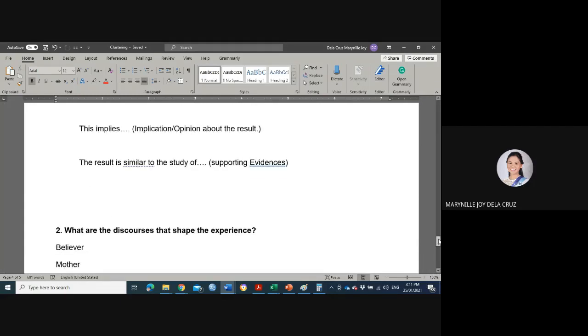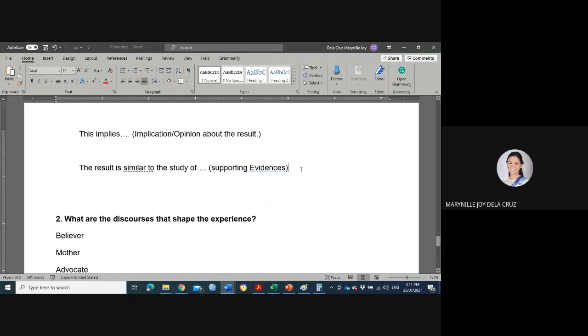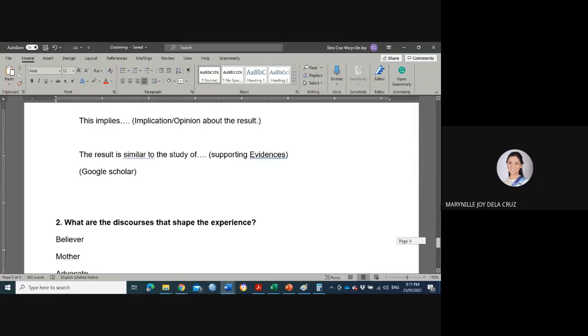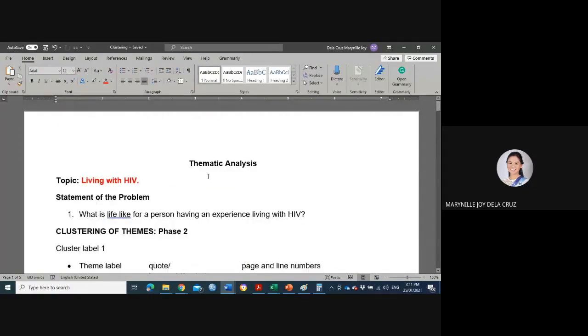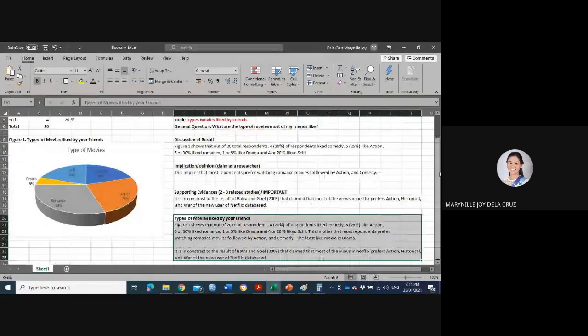Okay, so that's it. Google Scholar. Now that's the end of how to do the thematic analysis and how to encode using the Excel, and how to discuss the result, writing implication, and supporting with evidences.